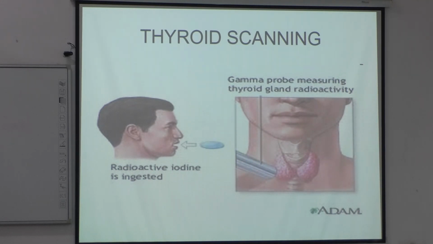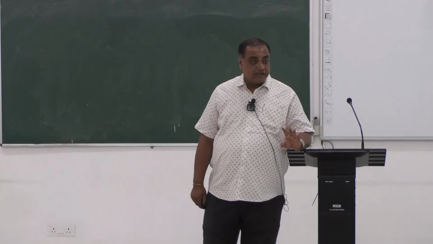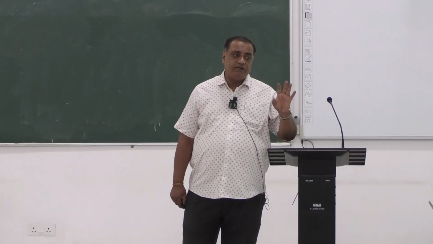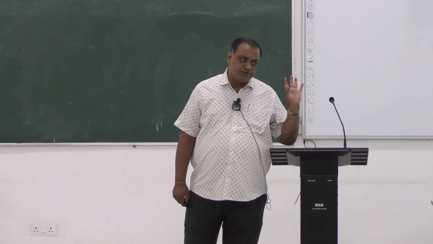So after consuming that pill, the thyroid gland is scanned with a gamma camera, which will catch the gamma radiation. Why gamma radiation? Because alpha and beta will not be able to penetrate from the gland to the outside. Only gamma will come. To some extent, beta can come, but it is very, very rarely used.